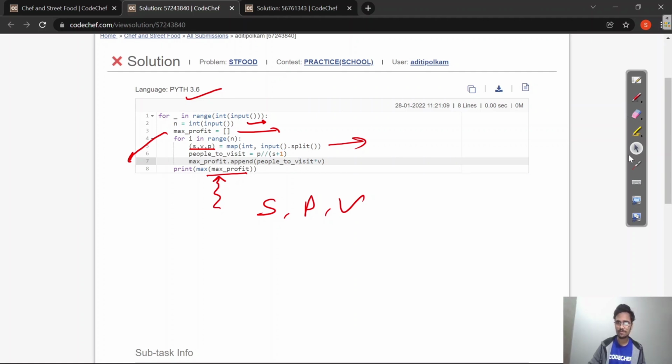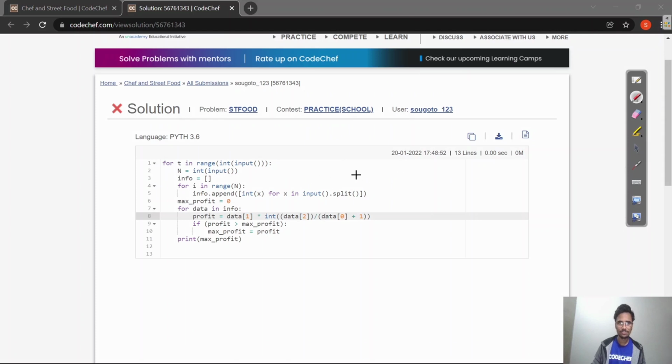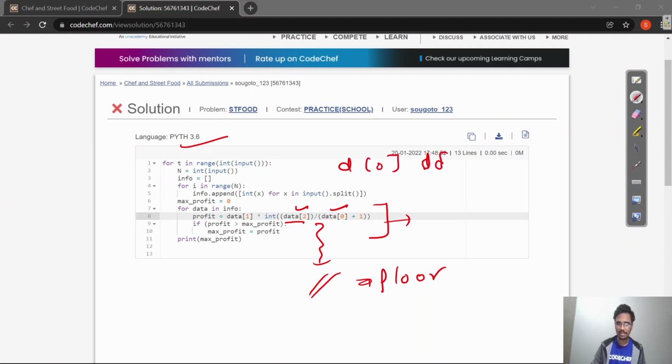Now let's check for other solution. So this is also in Python 3.6. Now same mistake has been done by this person too. Like you can see that data of 2 divide by, okay, and there is one more mistake. This should be like this, means floor division. Okay, and this is data 2 and this is data 0. So data 0 and data 1 and data 2.